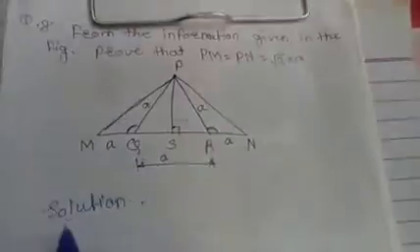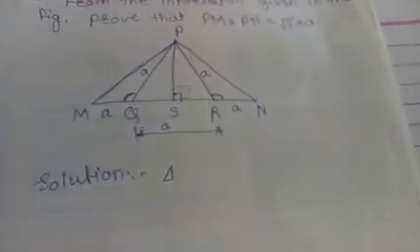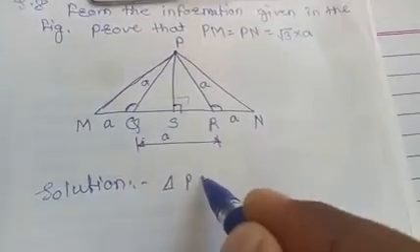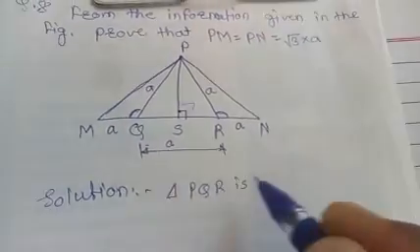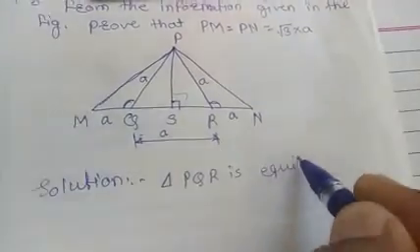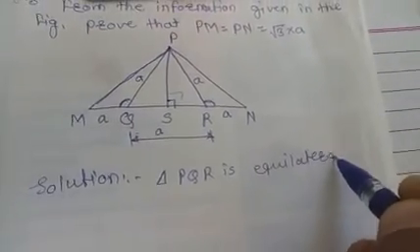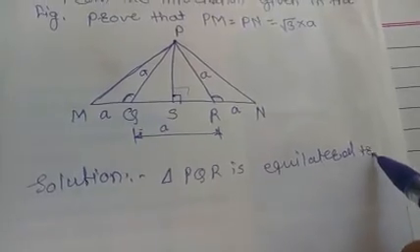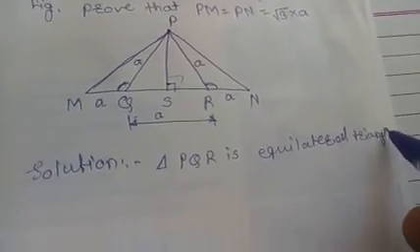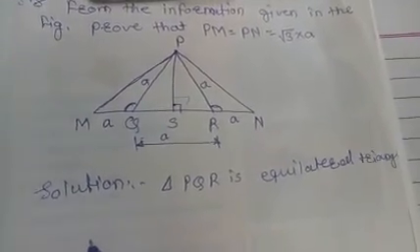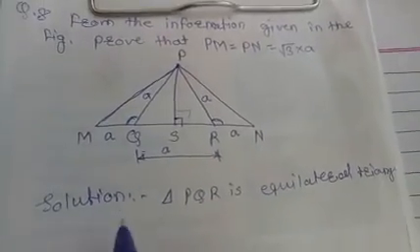First of all, we should understand that triangle PQR is an equilateral triangle. Why is it an equilateral triangle? Because all its sides are equal.